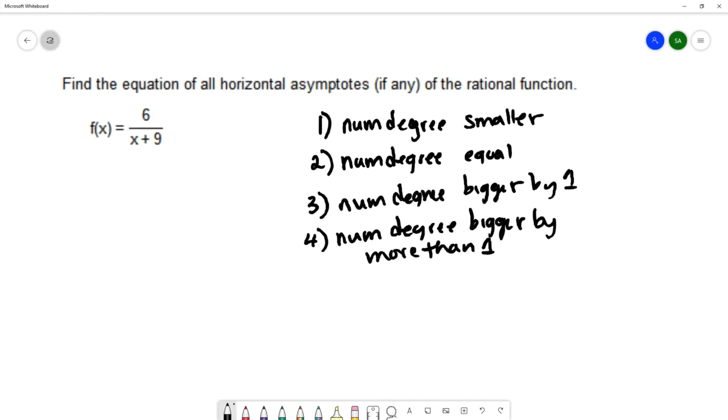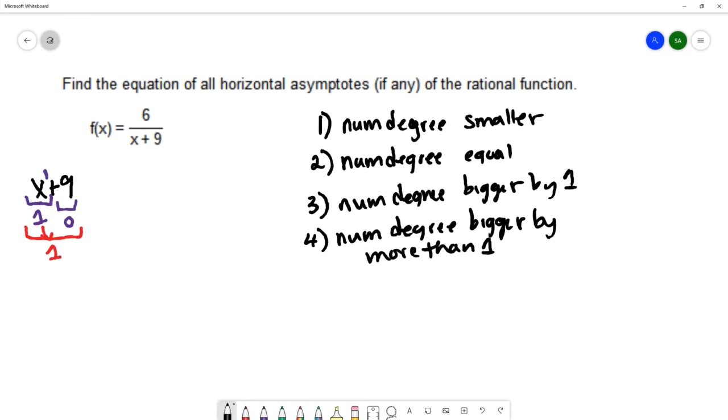Now the degree is going to relate to the power on x. So for our denominator we have x plus 9. Let's analyze this. Each term has a degree. This term has a degree of 1 because the power is 1. This term has a degree of 0 because there is no variable. And then for the degree of the overall polynomial or denominator, we're going to take the highest of those degrees.